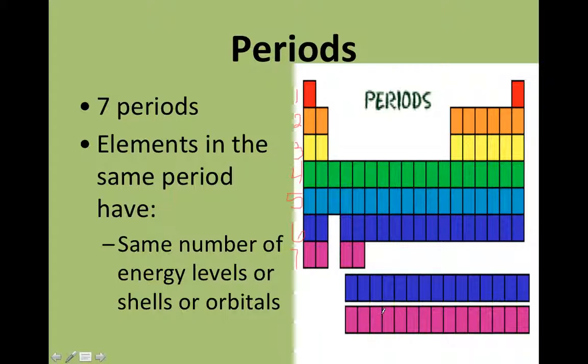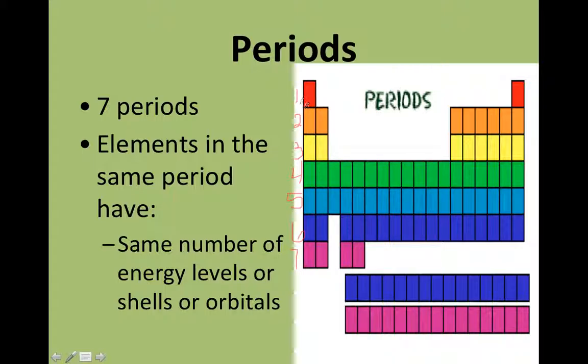Now notice these two down here. They're color-coded with these two right here. So they actually continue with this scheme, but if I place them up there, that periodic table would be much longer than it is. So in order to consolidate it, they just brought part of it down in order to squeeze it all into that space.